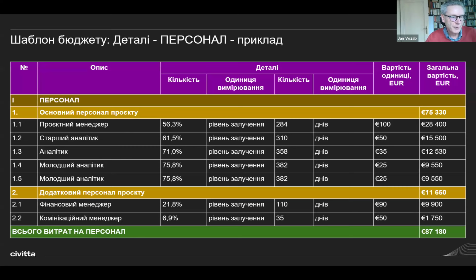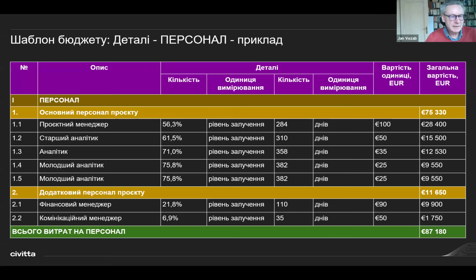And the same for the senior analyst and 2 junior analysts: again, the proportion of their working time they were supposed to spend on the project, the number of days in the span of 2 years, their daily costs, and the total costs of the junior analyst for the whole project.